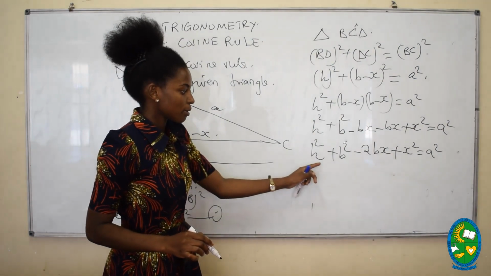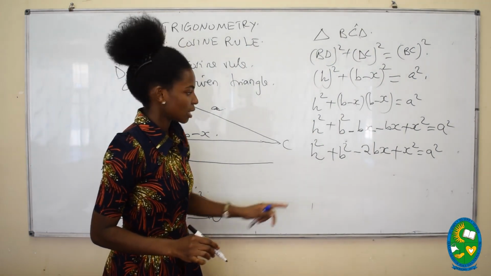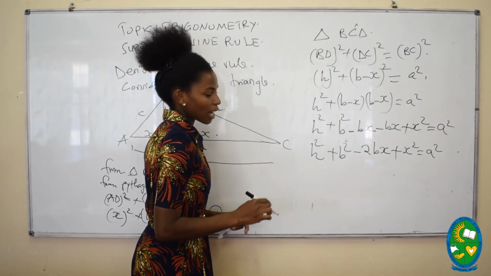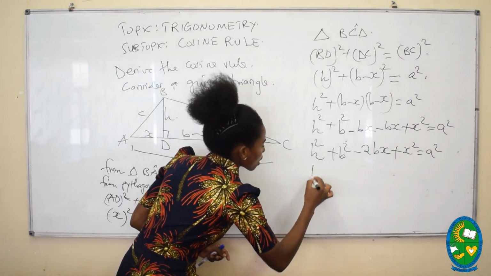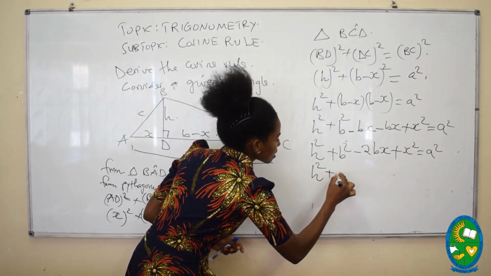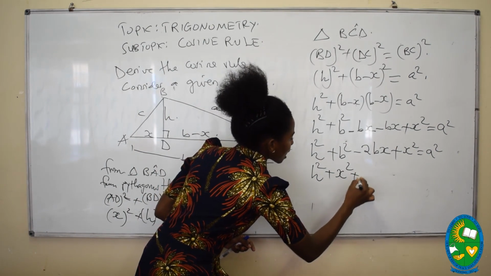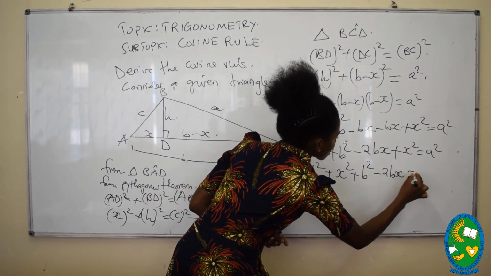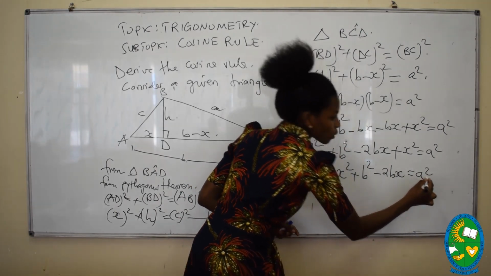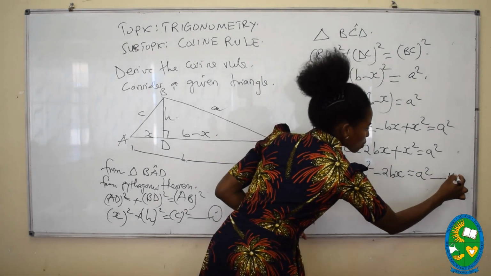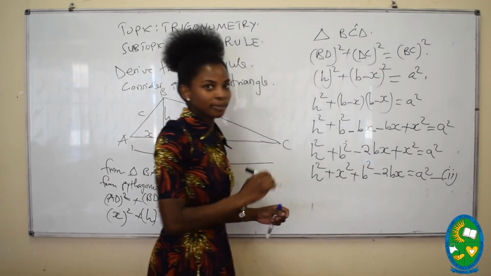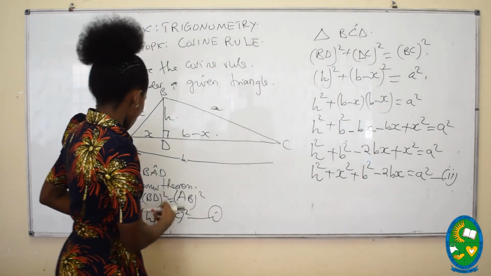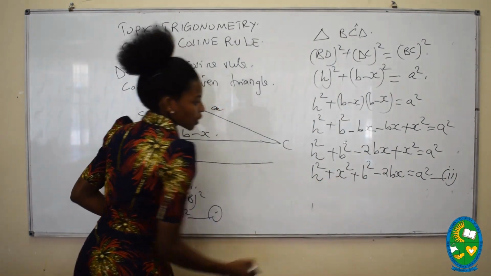So this is the second equation. Now, if I write it in a good format, we have h square plus x square plus b square minus 2bx equals a square. This is the first equation and this is the second equation.